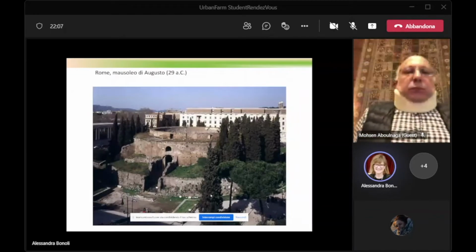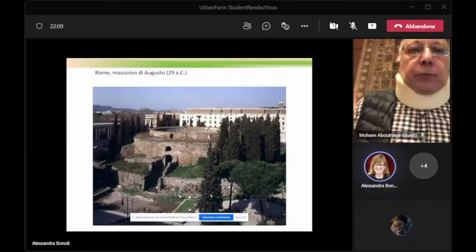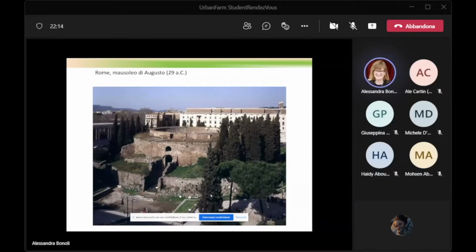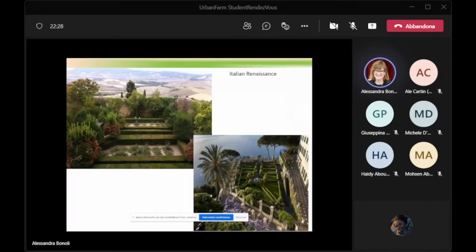But jumping to history, here you have the Mausoleo di Augusto in Rome that is actually now present, having several layers of roofs and gardens.